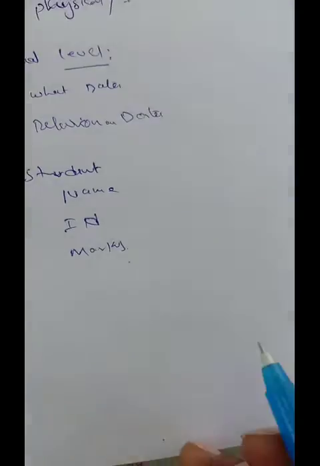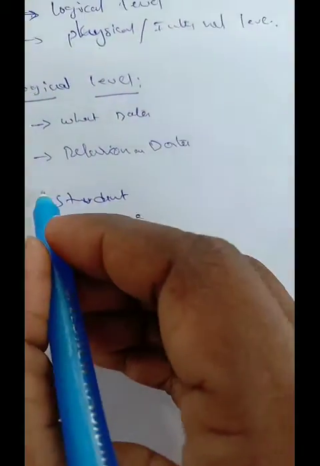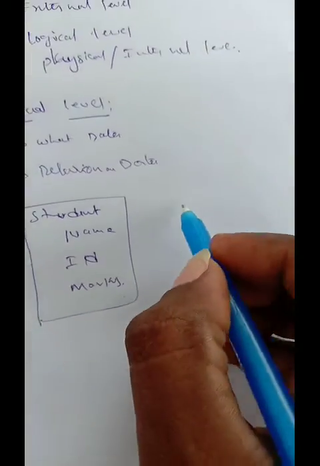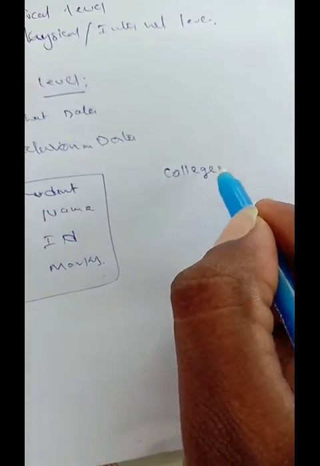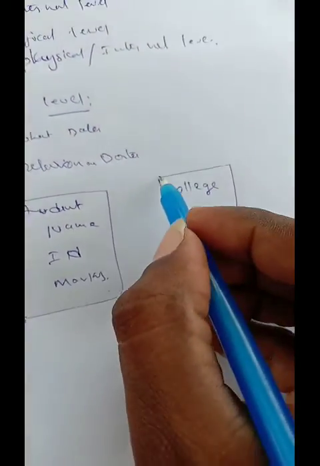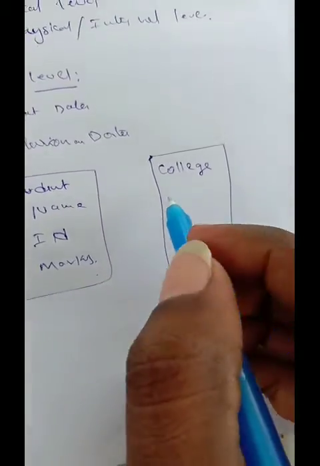Those are the details regarding the student. And we have the college. College is also one kind of data.